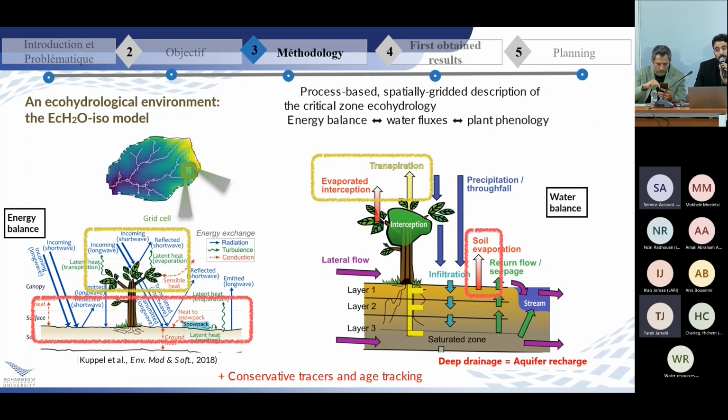It can be applicable to all sizes, starting from plot scale to an entire watershed. It incorporates three balances: energy balance, water balance, and plant phenology balance.